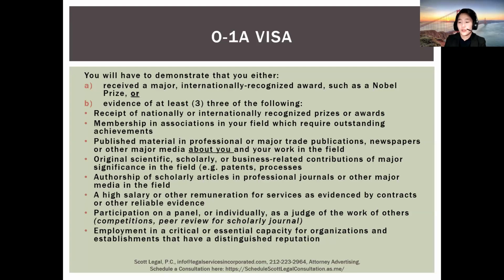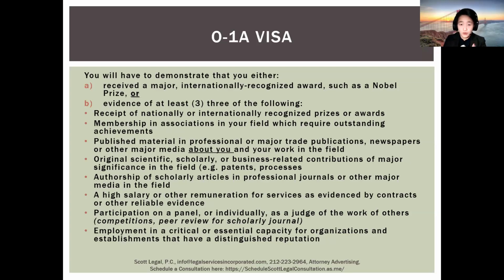Authorship of scholarly articles in professional journals or other major media in the field. This is really asking whether you've written an article for an academic journal. That is the classic way you can meet this criterion. But also, if you're someone who's active in business and may not be doing academic research as traditionally understood, but you, for example, prepared a business review that has been published in the Harvard Business Review website or a blog or industry publication of a major caliber.